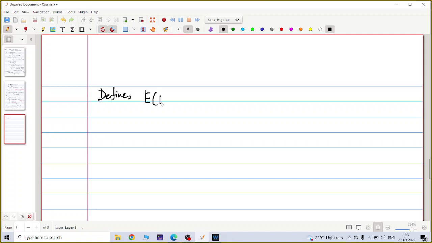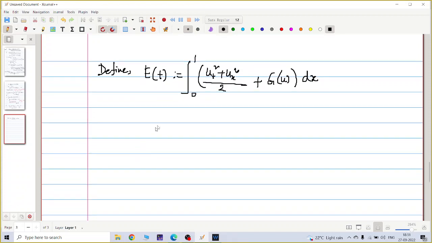E of t equal to integral from 0 to 1 of (ut square plus ux square)/2 plus g of u dx. Now we have to choose g such that E of t is a constant function. So our aim is to find the g.